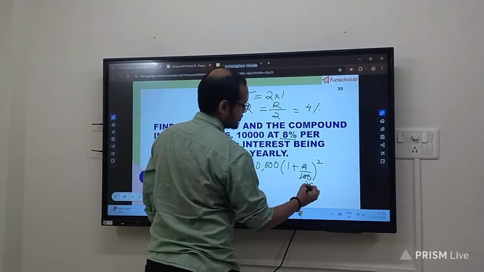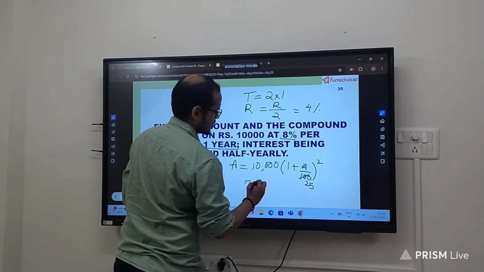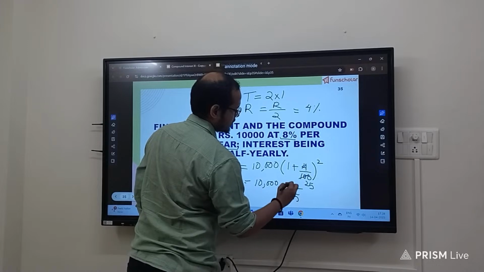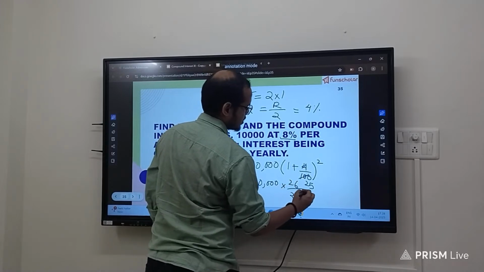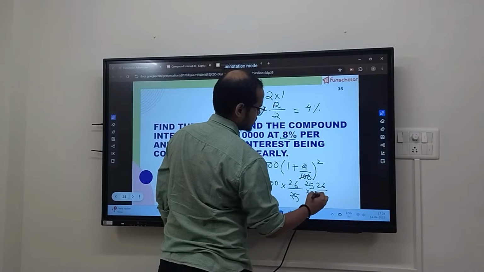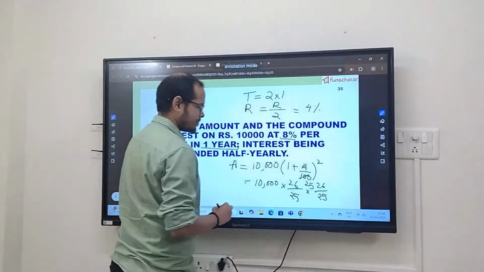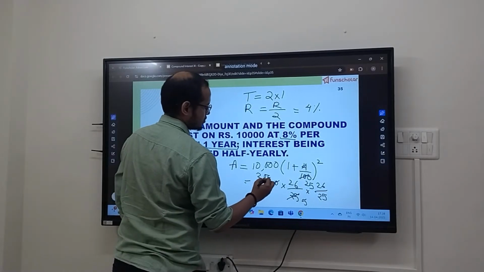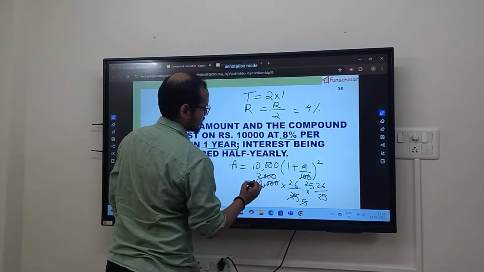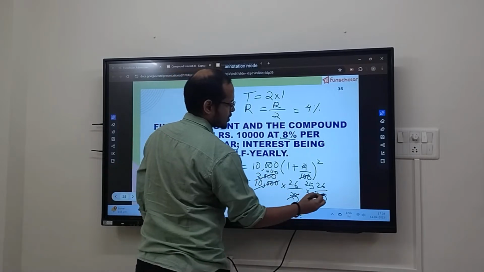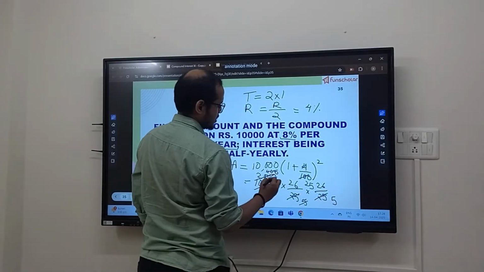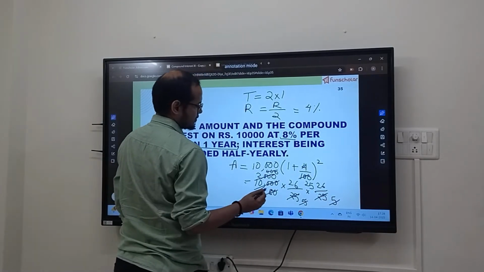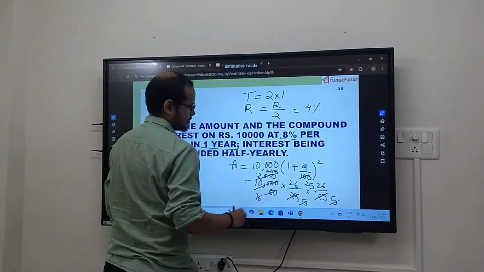And let's solve it. This is 25, 10,000 into 26 by 25 into 26 by 25. Okay, dividing by 5 gives 2000, then 400, then 80, then again by 5 is 16.